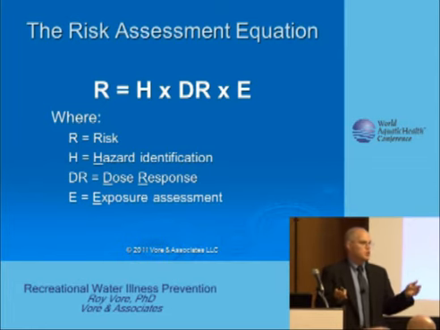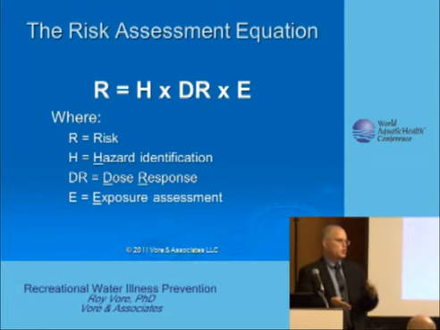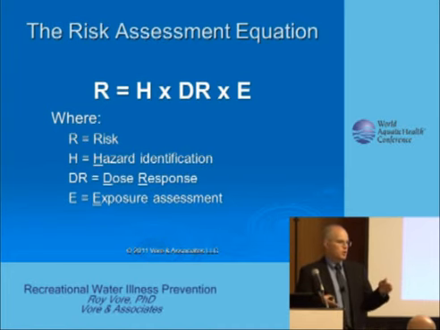If you want to eliminate risk, if you make any one of those factors go to zero, and since they multiply together, your risk goes to zero. So we can use this type of equation and look at recreational water illness and see what we can manage, what we can't manage, and then identify where we can make that risk go to zero in your individual facility.